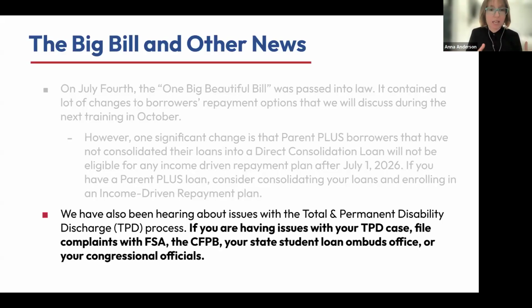If you are stuck and you think that your loans should be canceled or discharged under any of those programs, and you're having issues and your loan servicer is not helping, definitely file complaints, reach out to your local congressional officials to see if they can help you, and potentially seek legal help or additional help to get you over that hurdle in that next step, because it could be an error on the Department of Education side, but it also could be that there's an issue with your application and you need some additional help submitting that.